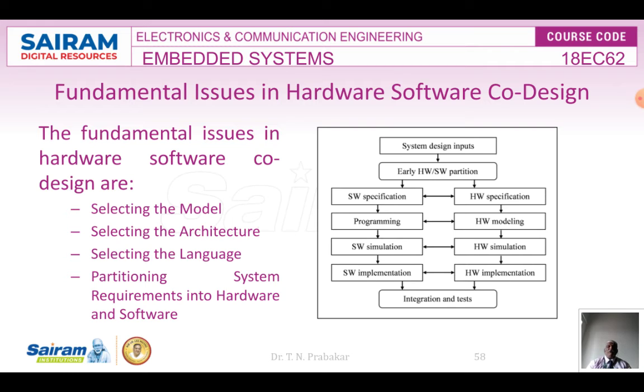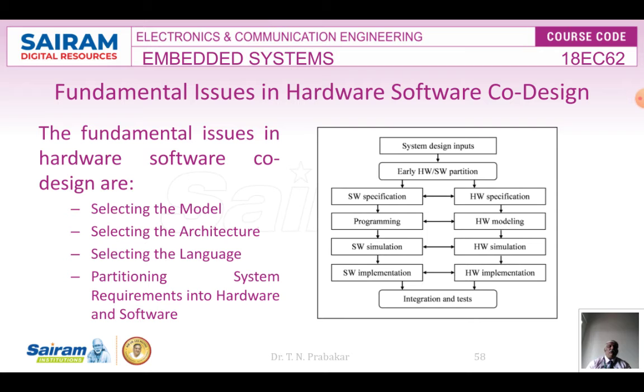The fundamental issues in hardware-software co-design are selecting the model, then selecting the architecture, then selecting the language in which I have to code it, and partitioning the system requirement into hardware and software. On the right-hand side you can see a diagram with system design inputs, a design document where all the requirements and designs from the customer are consolidated.